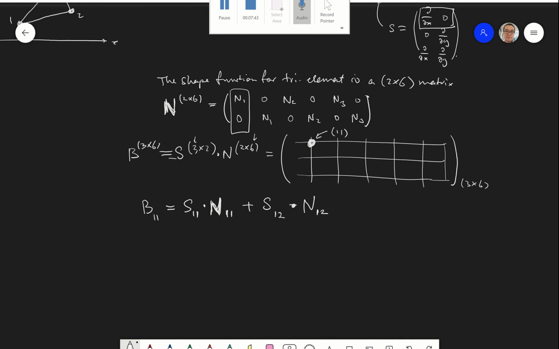So remember, if we have this notation, we have the row index followed by the column index, right?